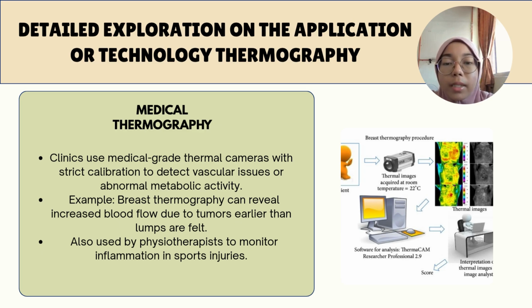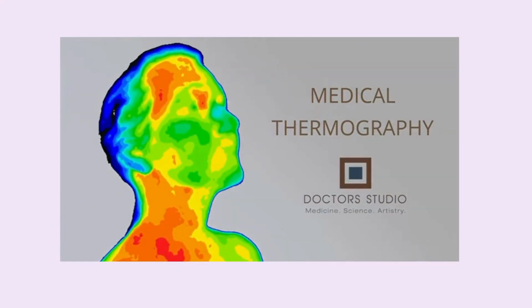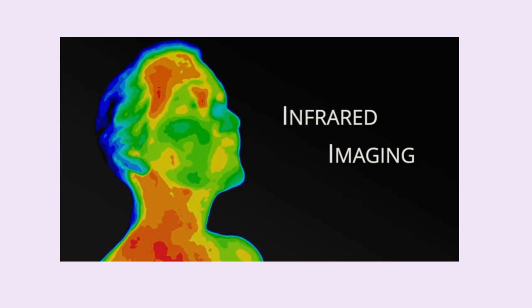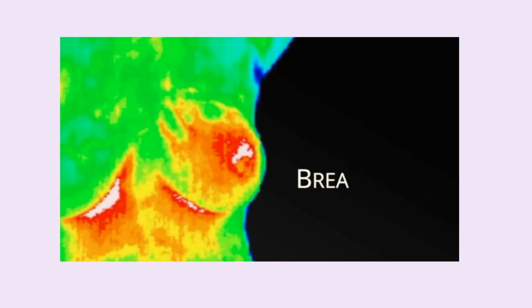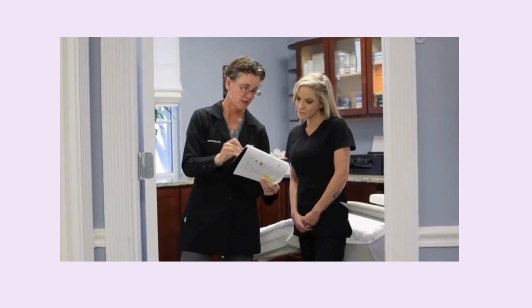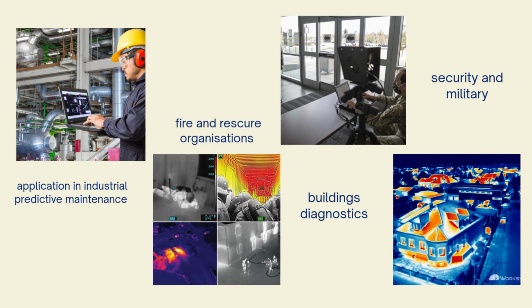Breast thermography can reveal increased blood flow due to tumors earlier than lumps can be felt. Thermography is also used by physiotherapists to monitor inflammation in sports injuries. It is a procedure that shows heat patterns throughout your body using infrared imaging. We evaluate these patterns for abnormalities that may be signs of diseases like cancer and heart disease. Early detection is your best chance against disease, and medical thermography could be the answer you're looking for.